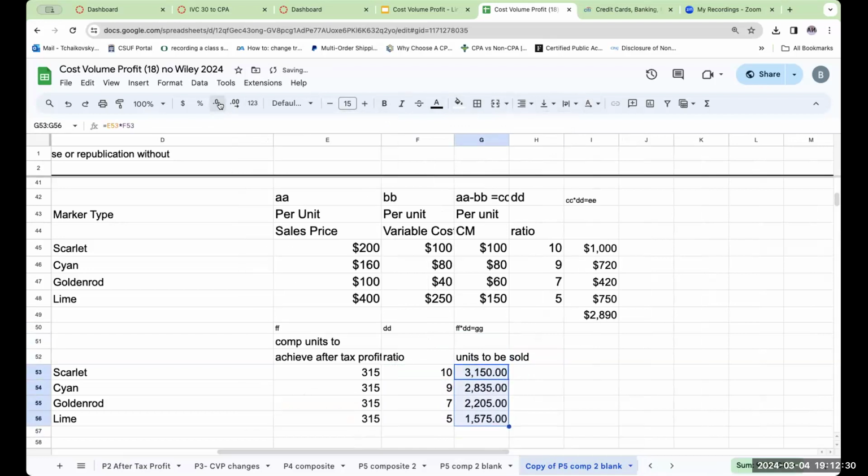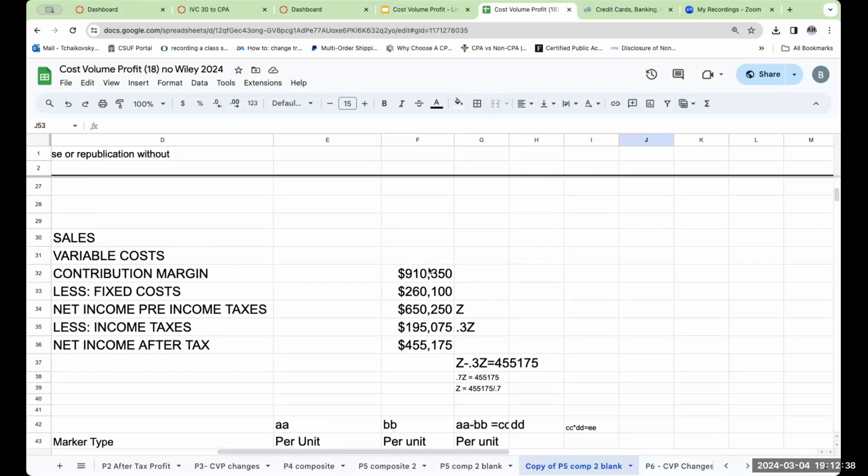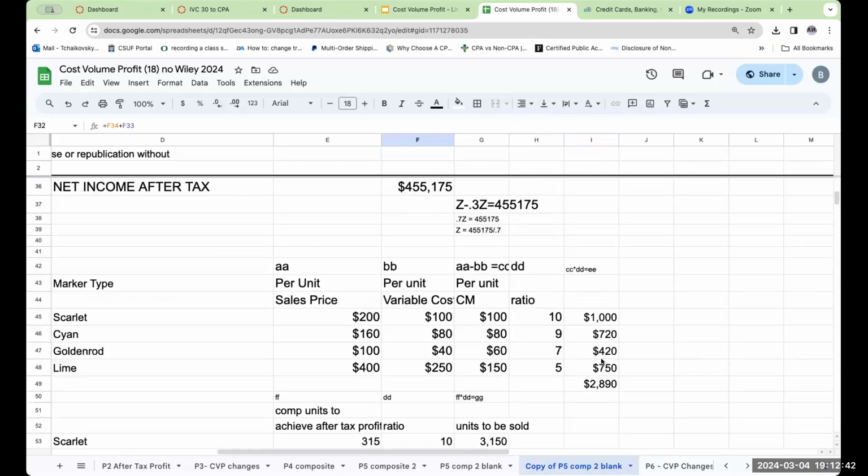Now, how can I quickly check my work? Well, if I go back and look at the contribution margin, remember this needs to equal 910,650.